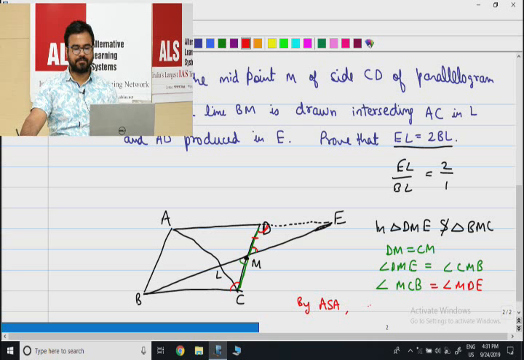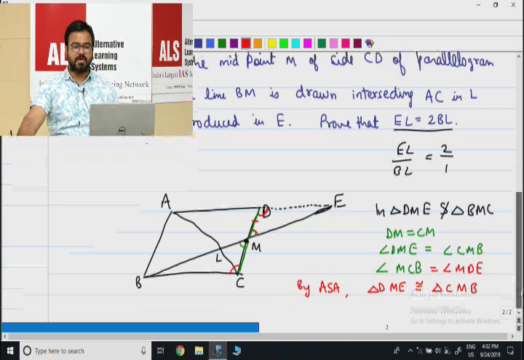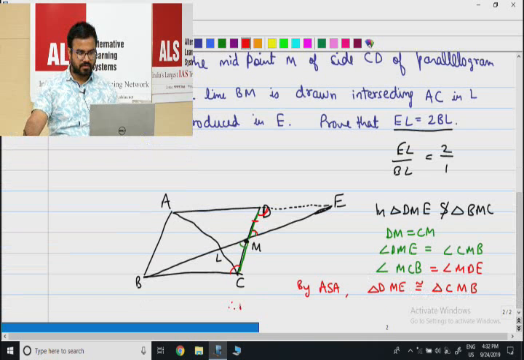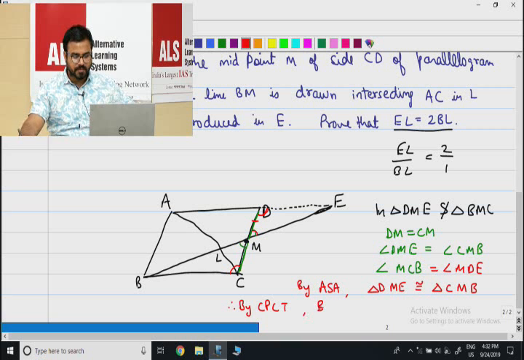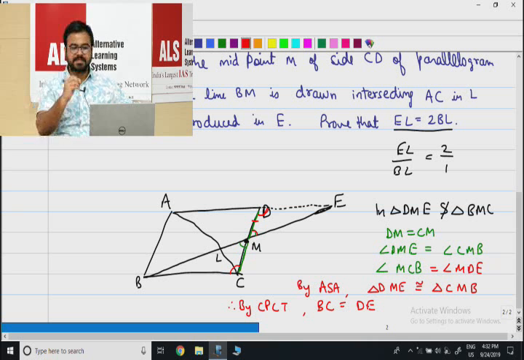By ASA, triangle DME is congruent to triangle CMB. If these two triangles are congruent, therefore, by CPCT, we can say that BC is equal to DE. But we also know that in a parallelogram, the opposite sides are equal. So BC is also equal to AD.